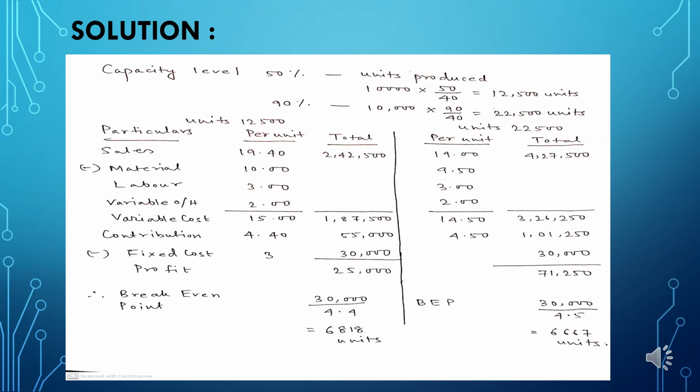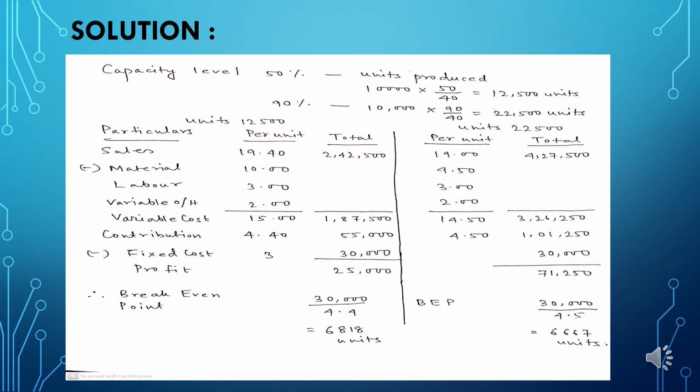Now if we come back initially to the calculation of profit and break-even point for the 50% capacity, where our units produced have increased from 10,000 to 12,500. So we know that to find out profit, we need to use the formula of sales minus variable cost gives us contribution, contribution minus fixed cost gives us profit.